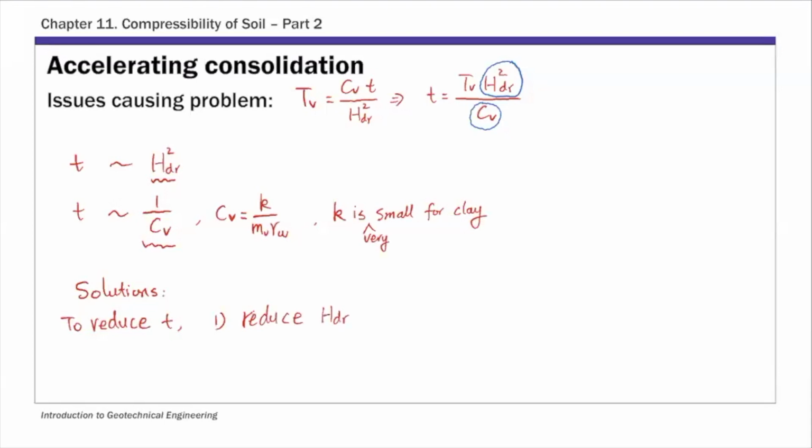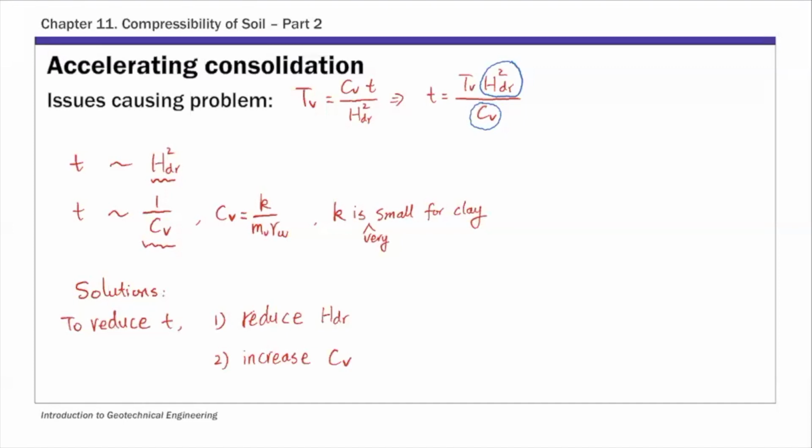If you reduce H_DR, T will reduce by H_DR to the power 2, basically H_DR squared. And the second is to increase C sub V. If you somehow increase the coefficient of consolidation, that small t will decrease. So that's the solution. So that's the idea behind this next set of methods I'm going to introduce.